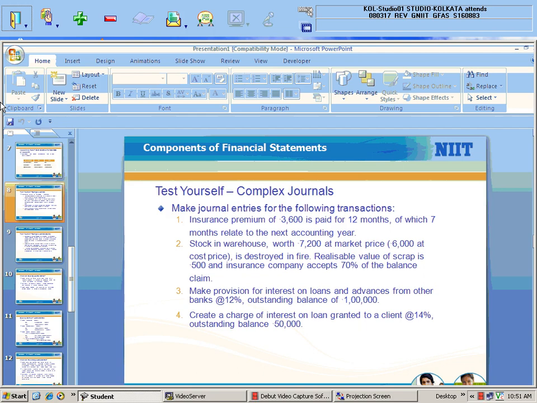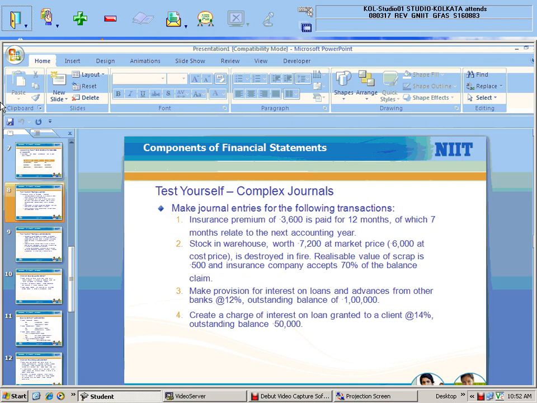So the insurance company pays 3,850. 500 is the receipt from the sale of the damaged stock. So the rest is a loss for the company.